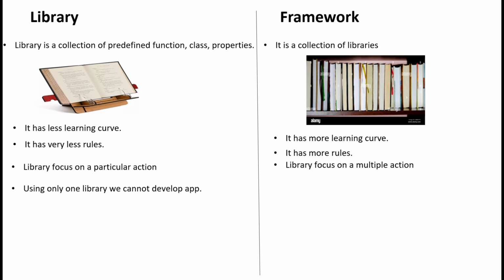Now, before choosing a library or framework, first we have to understand what a library is and what a framework is. A library is a collection of predefined functions, classes, and properties.